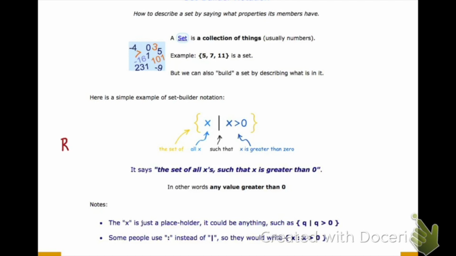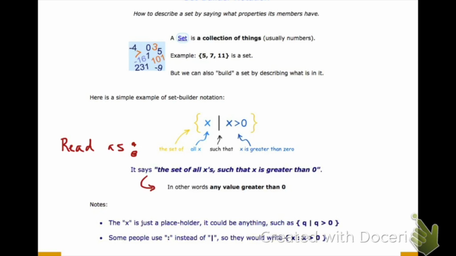So when we're talking about a set, we always want to make sure that set builder notation describes the characteristic of the numbers in that set. So for this case right here, if we're looking at the set where we have the bracket x, so that bracket means the set of, the x here is all x, and then we have this line.